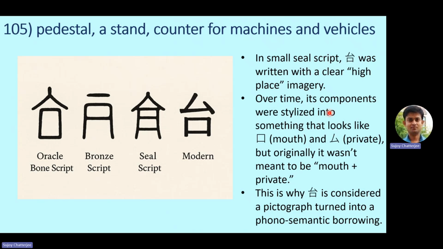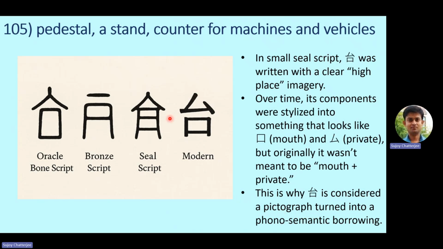Over time, its components were stylized into something that looks like mouth and private, as we saw just now. So this is the modern one, but originally it wasn't meant to be mouth and private. The meaning is not mouth and private, but the overall meaning it gives is that of a pedestal. And this is why this character is considered a pictograph turned into a phonosemantic borrowing.